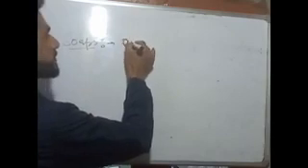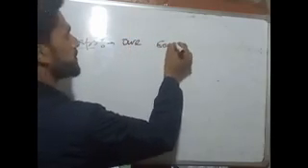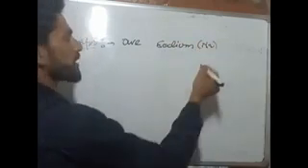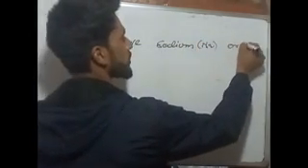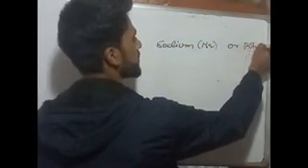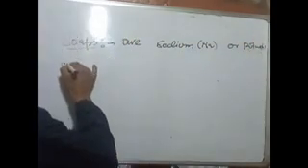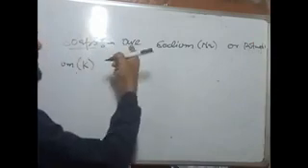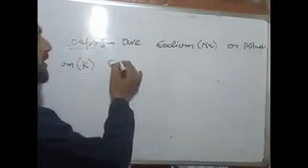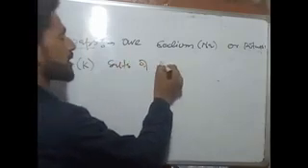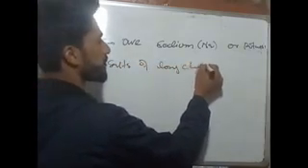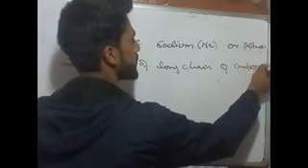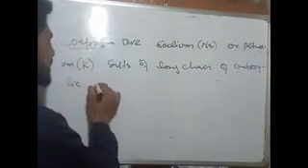Soaps are sodium, which is symbolic as Na, or potassium, which is symbolic as K. Soaps are sodium or potassium salts of long chain carboxylic acids.